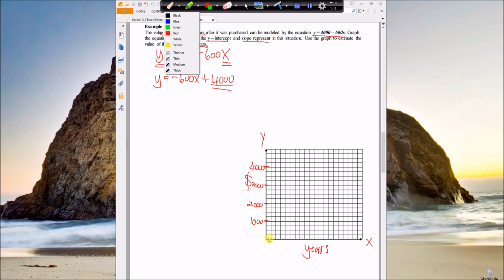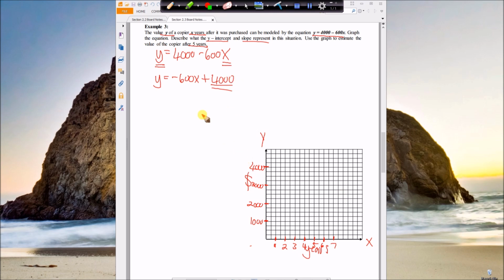So I'm going to jump with years here by ones. I'll go every 2 blocks or every 2 units I'll call 1. So 1 year, 2 years, 3 years, 4, 5, 6, and let's go to 7.